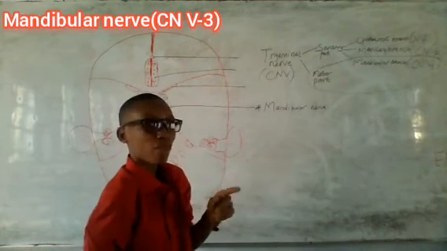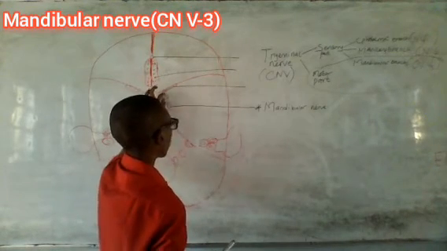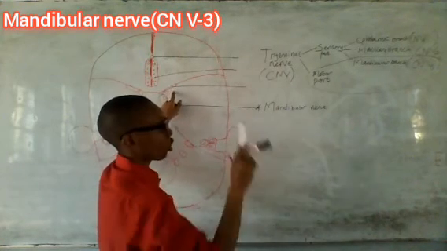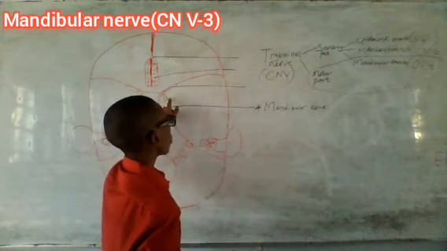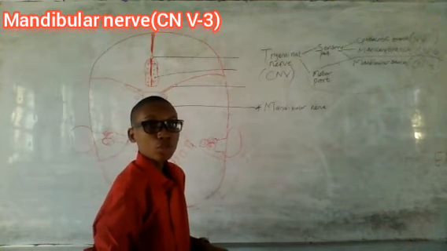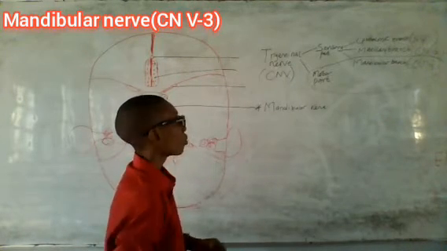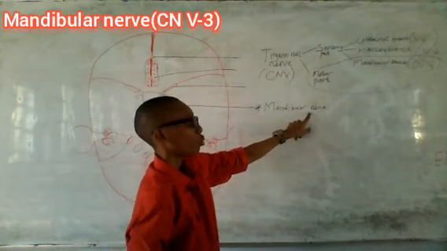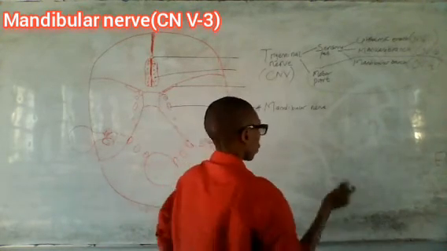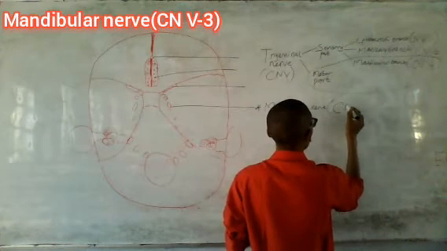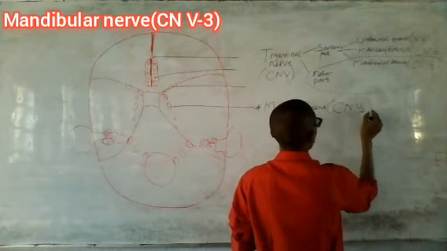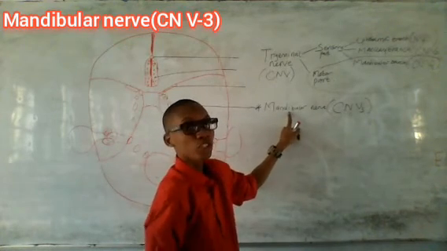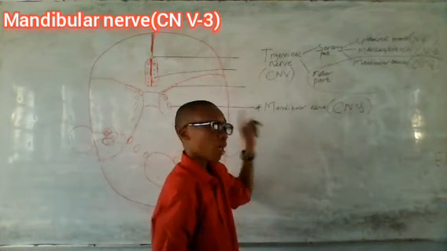Those sensory fibers pass through the structures we have discussed. The first one, ophthalmic, will pass through this. The second one, maxillary, is going to pass through the foramen rotundum. For this foramen ovale, it's going to be the mandibular nerve, the third branch of the trigeminal nerve, with both the sensory part and the motor part passing through.